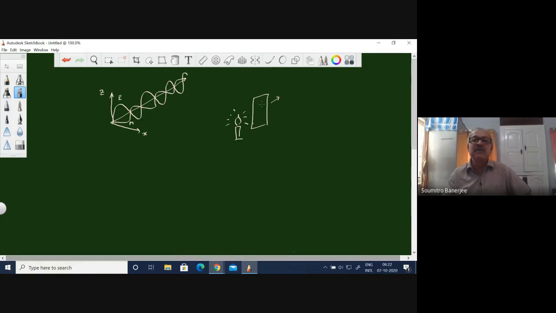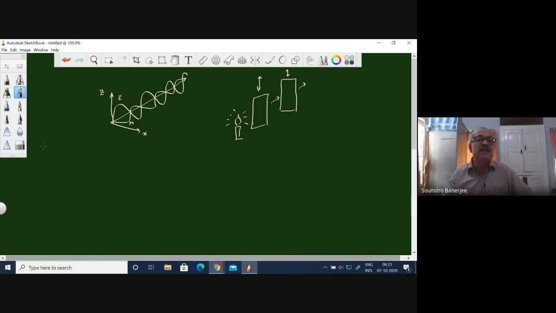Suppose it's polarized in this direction. I have to do the up and down both, because if something is oscillating up and down, or down and up, it makes no difference, and therefore it is basically polarized in this vertical direction. I cannot say it is up or down. And then if you make it pass through another polarizer that is oriented in the same direction, up and down, then it will completely go through.